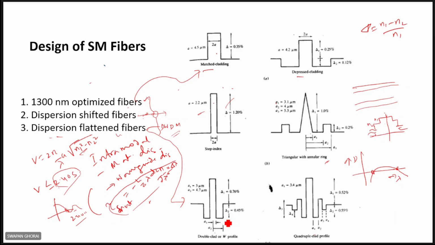You can see these are W profiles, and how different indices are there. So more than one cladding is there. Here is the quadruple clad profile, a more complicated profile. With these profiles, you can design dispersion flattened fibers.